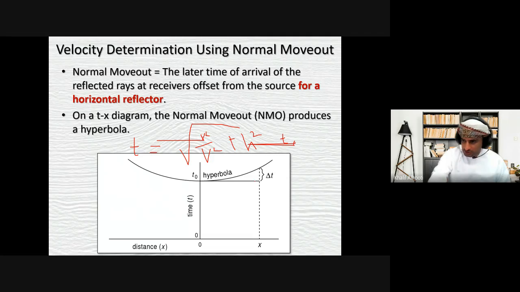At time t naught, who can tell me how I can get the time? What is the x value at t naught? 0. Yes, this cancels out.